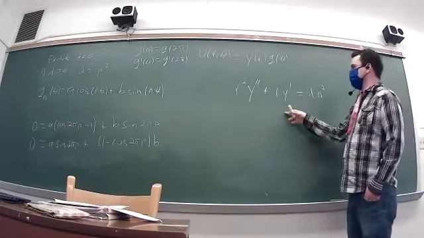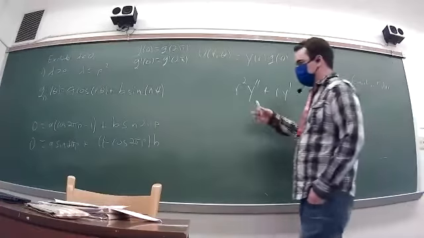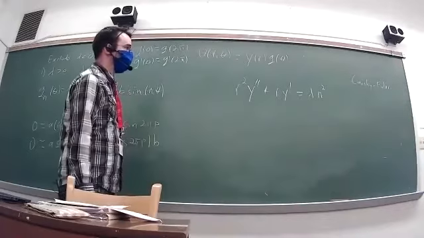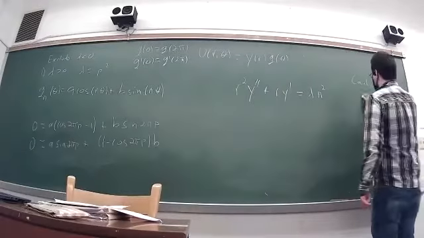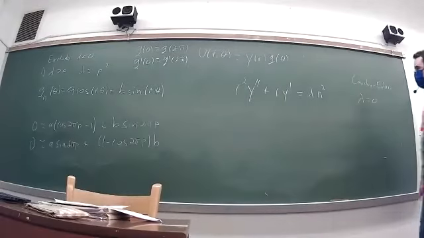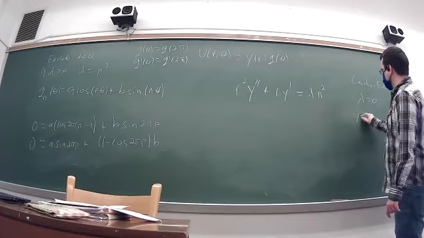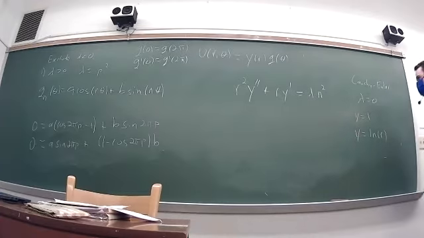You've got 1 over distance times distance. So this equation is invariant under scaling transforms of coordinates. With lambda equals 0, solutions have to be a linear combination of y equals 1 and y equals natural log of r.